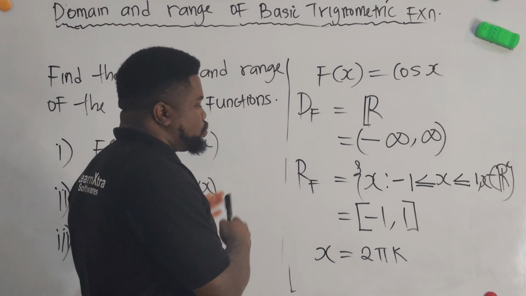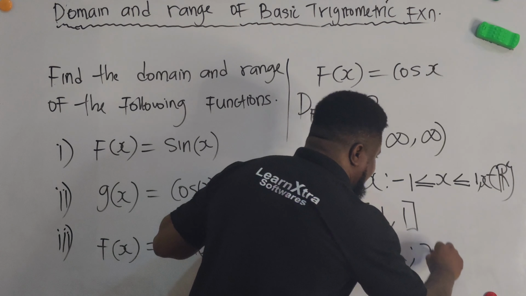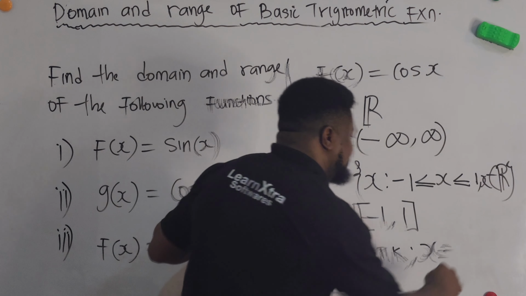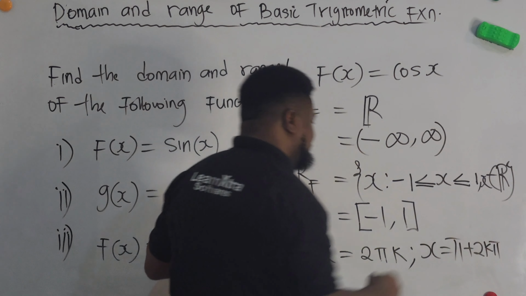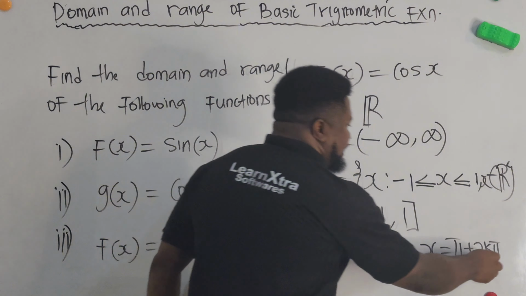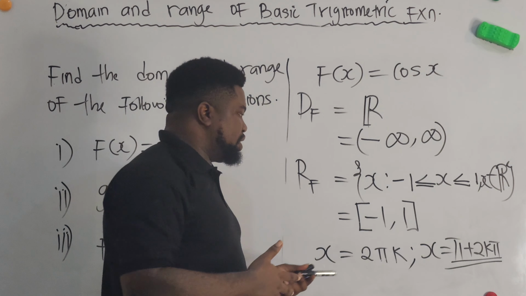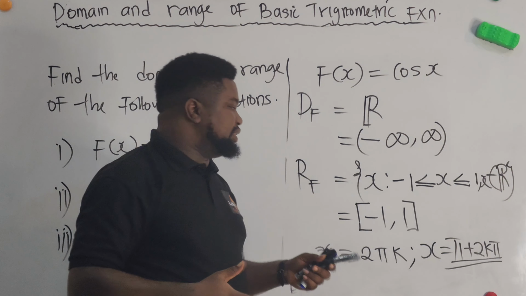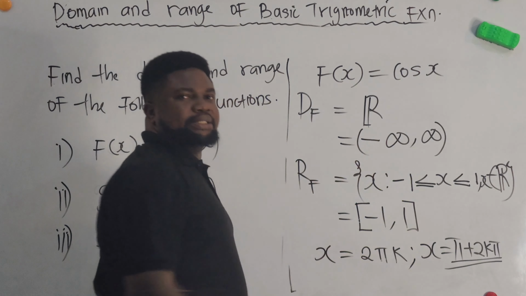Yes. Now how about -1? When you have something like this, let's say x is equal to pi plus 2k pi, I can say pi plus 2 pi k. The values you will obtain are the values that will give you -1. The rest of the values must be in between -1 and 1.